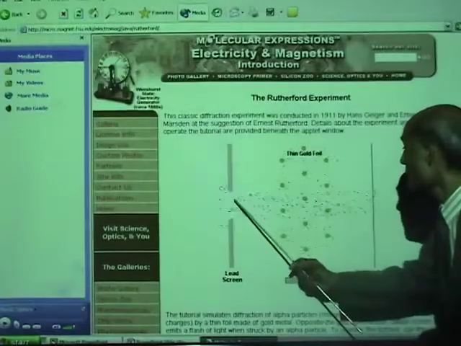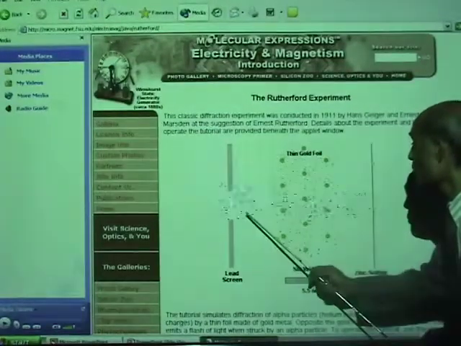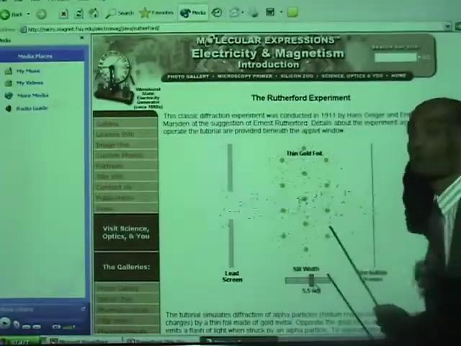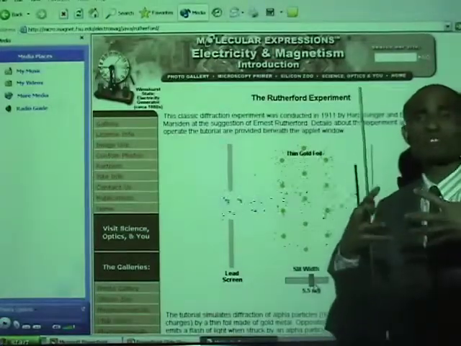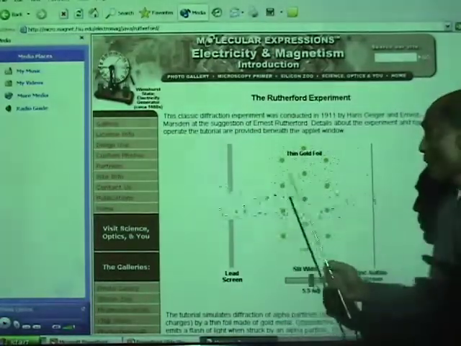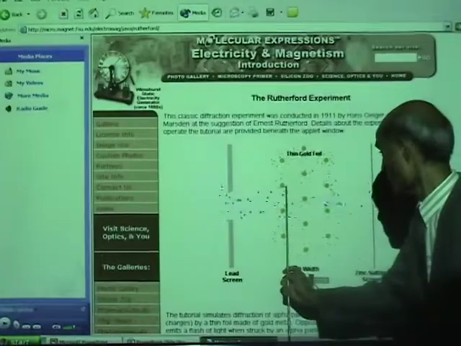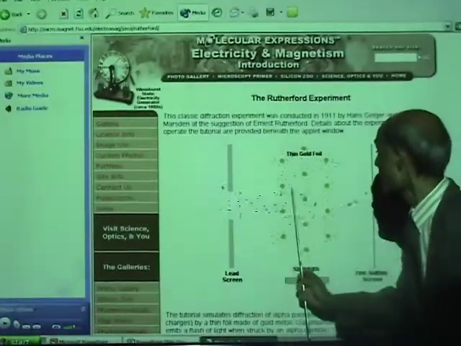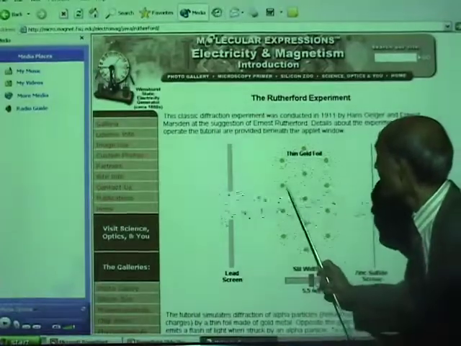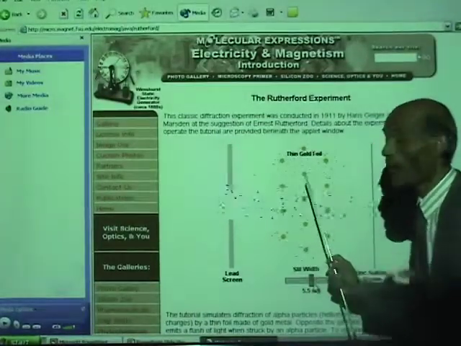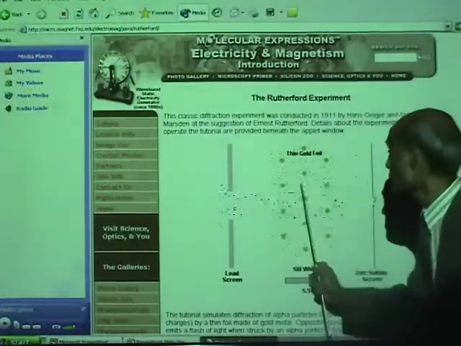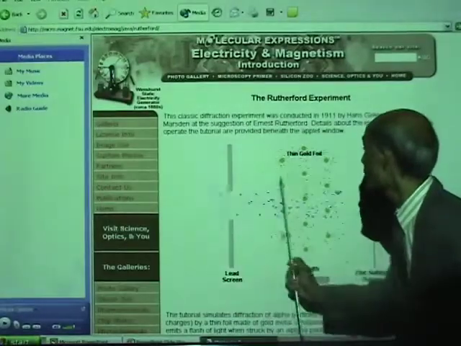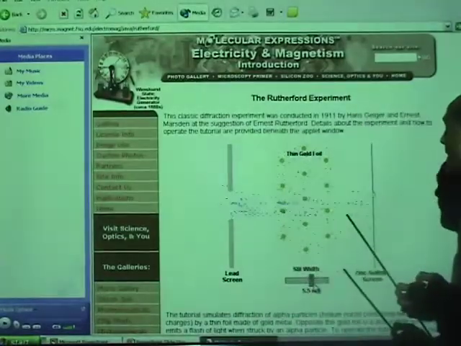And if you notice, most of these alpha particles are going through the gold foil without suffering any deviation at all. But watch, once in a while, some of them encounter something very hard and get deflected, almost thrown back.